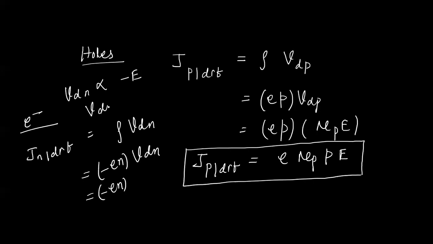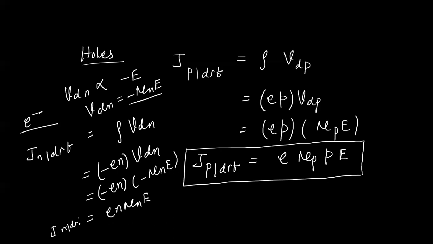So V_DN is minus mu_n times E. This is what you need to keep in mind, the negative sign, because it is moving in the opposite direction, and you substitute over here. If you substitute minus mu_n times E, then you again get a positive value, E n mu_n E. This is your J_n drift.